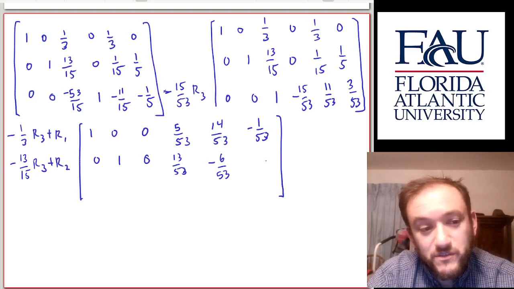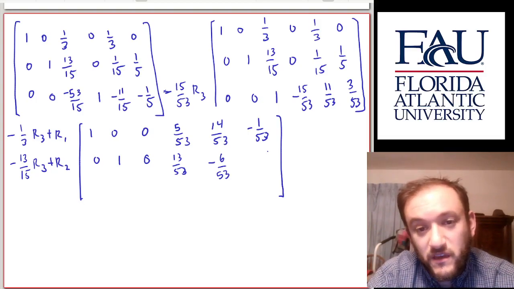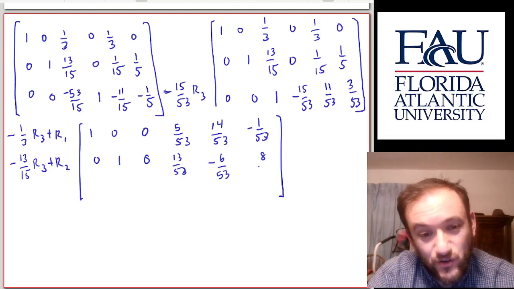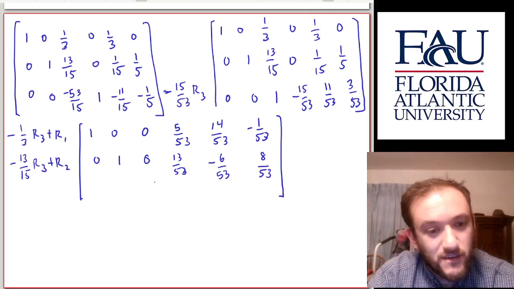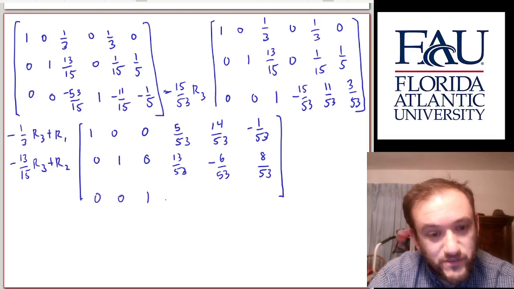And minus 13 over 15 times 3 over 53 plus 1/5 gives us 8 over 53. Please check these calculations, make sure I've got it correct. And in the final row, we already have our answers, so we get these.